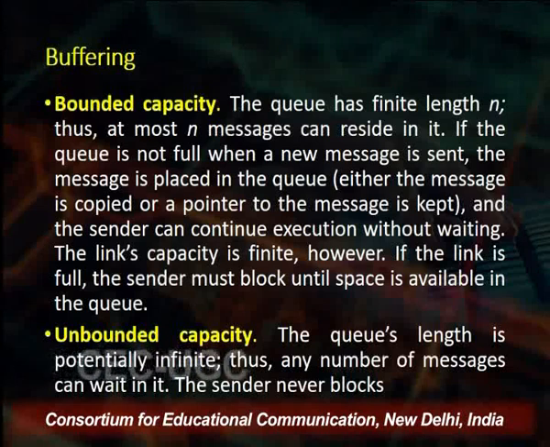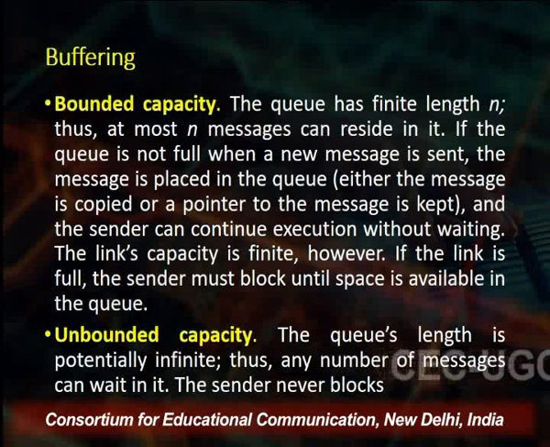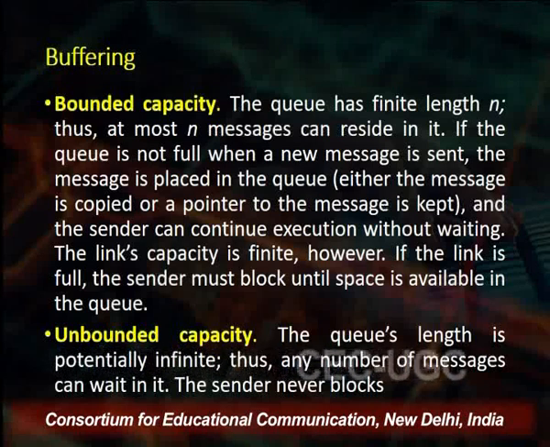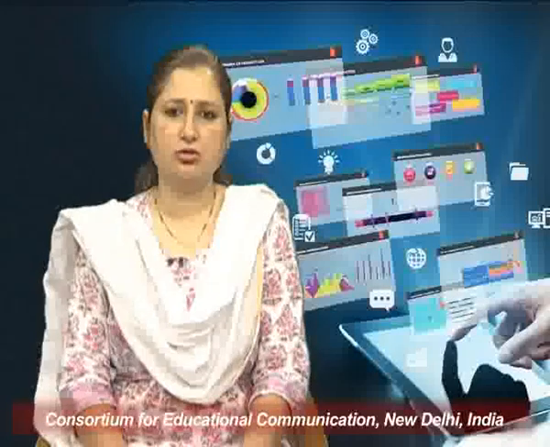Either the message is copied or a simple pointer to the message can be placed in the queue. After the message has been put in the queue, the sender can continue execution without waiting. So this is the asynchronous mode.